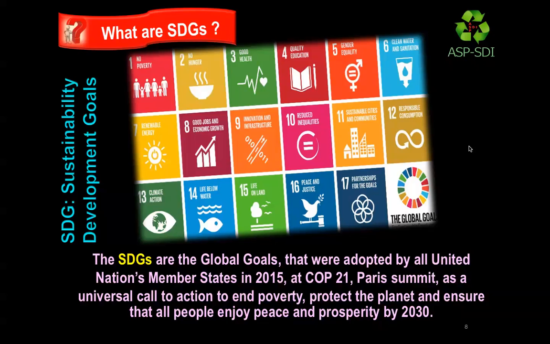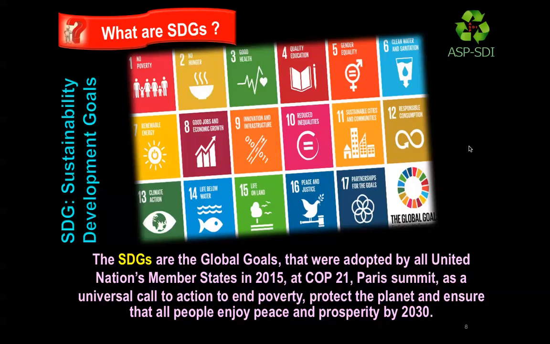Please note that 2030 was the commitment made by 195 member economies under the United Nations Charter, and they gave about 15 years, which is extremely less for any kind of implementation of sustainability development goals.